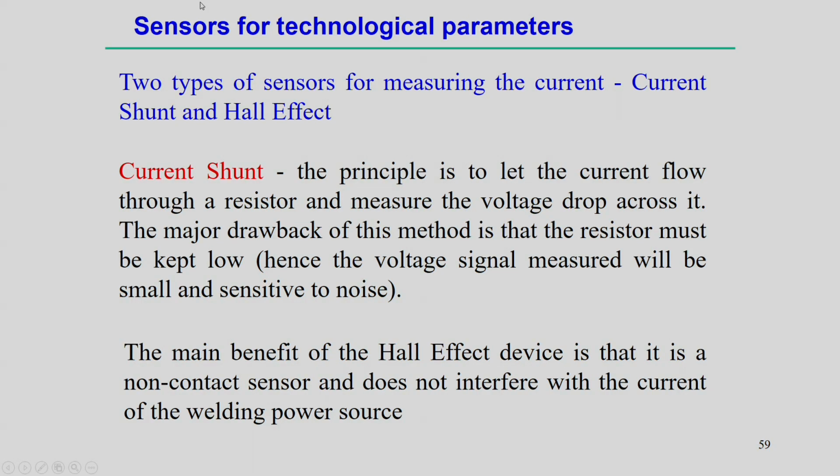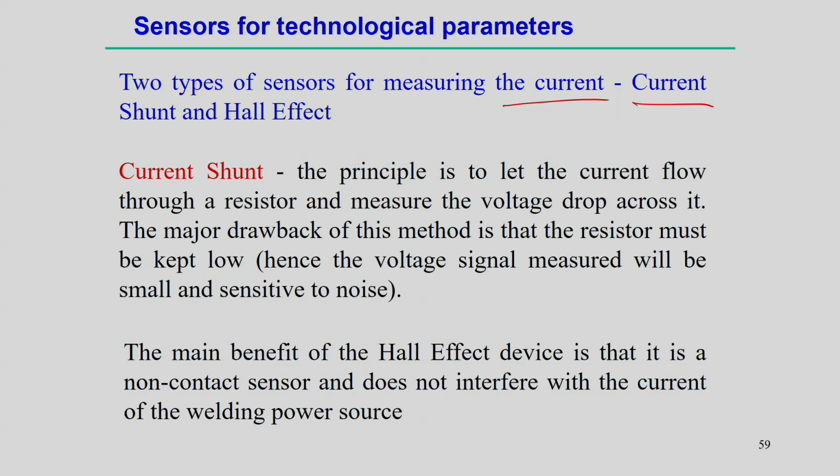Now, there are two types of sensors normally used for measuring current: the current shunt and the Hall effect device. In the current shunt, the principle is to let the current flow through a resistor and then measure the voltage drop across it.